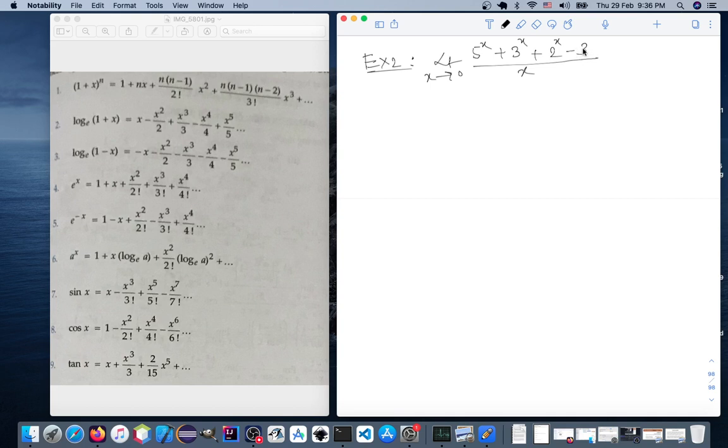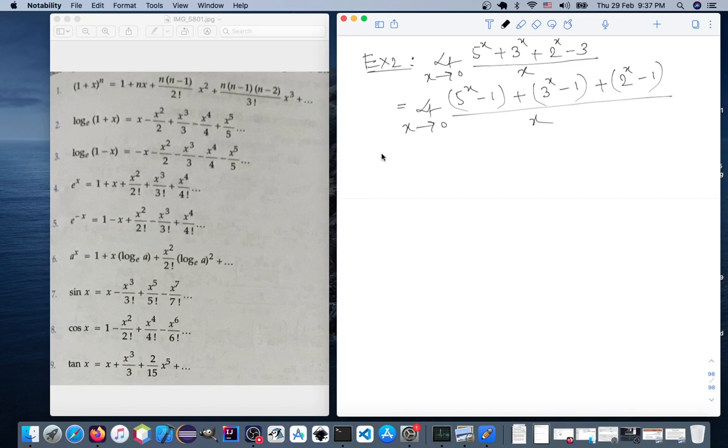See, where we can see minus 3. So we can distribute the minus 3 with all the a to the power x terms, and we can write this as, what we do is we distribute minus 1 with 5 to the power x, we distribute minus 1 with 3 to the power x, and 2 to the power x minus 1, all by x.